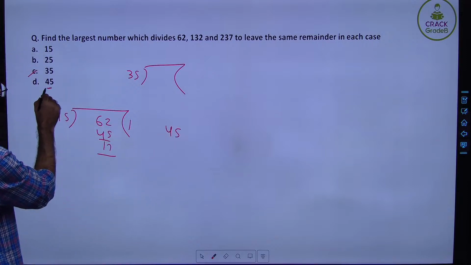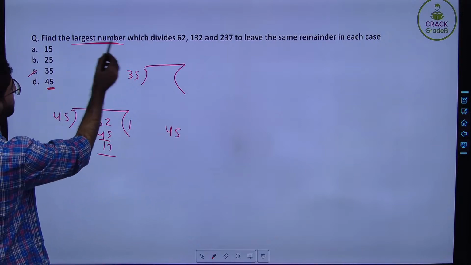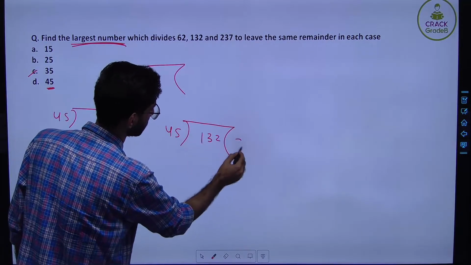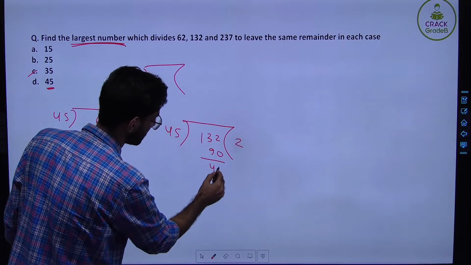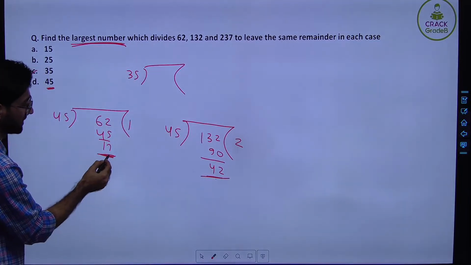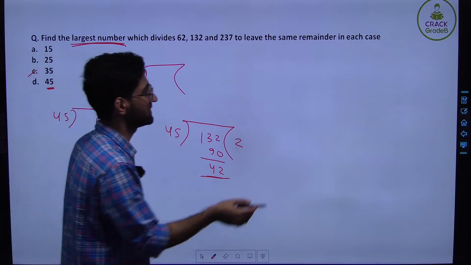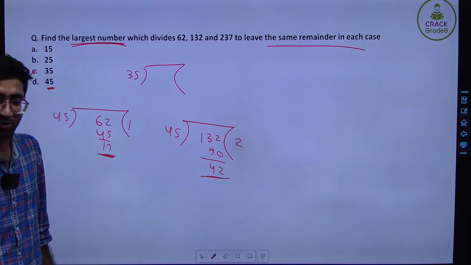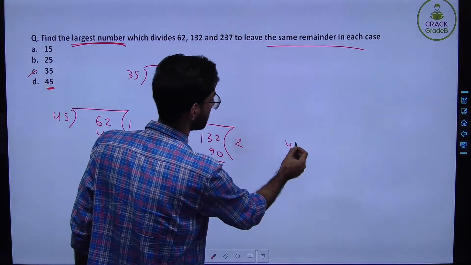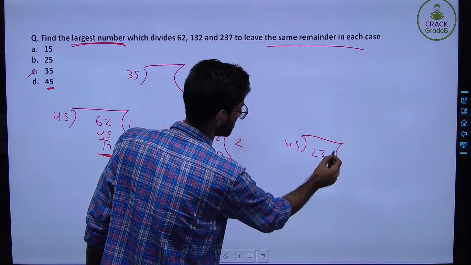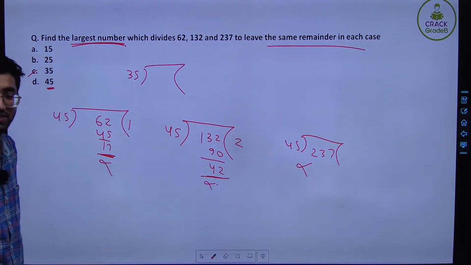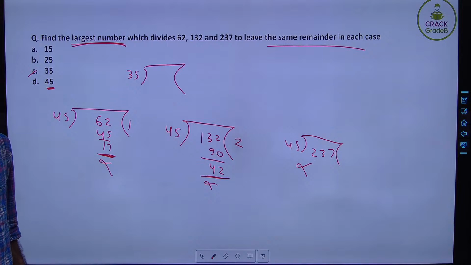We are using the larger values because we have to find the largest number. 45 into 132: 45 into 2 is 90, remainder 42. So one remainder is 17 and the other is 42, but the question says you should get the same remainder in each case. So we will not check 237; we didn't get the same remainder. Are you able to get this?